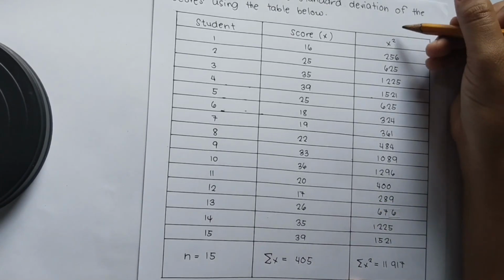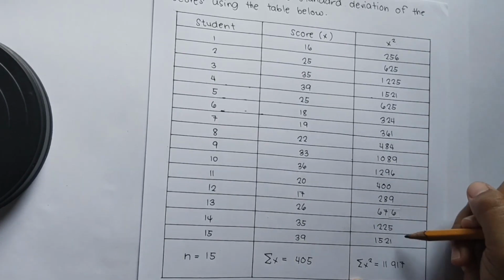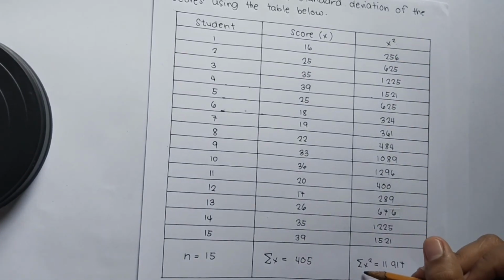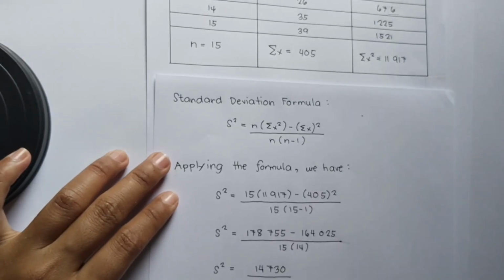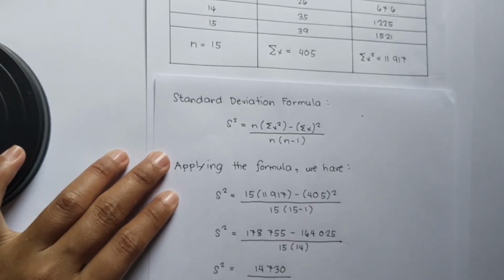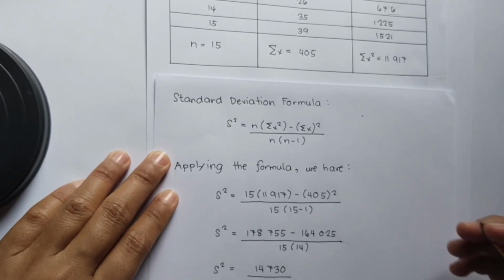Next naman, 'di ba, nakuha na natin yung value na x squared. So, i-add lang natin lahat ng ating value na x squared at malalaman natin yung summation of x squared is equals to 11,917. Nakuha na natin yung total number of students, summation of x, and summation of x squared.